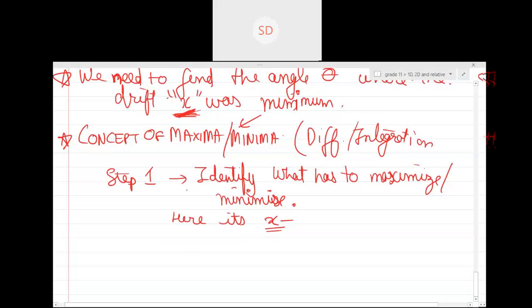So first of all, step 1 is to identify what has to be maximized or minimized. So here in this case x, which was basically the drift, we need to maximize that. Yes or no? The second thing is, step 1 which you need to do is basically identify what has to be maximized or minimized, and identify about which thing.